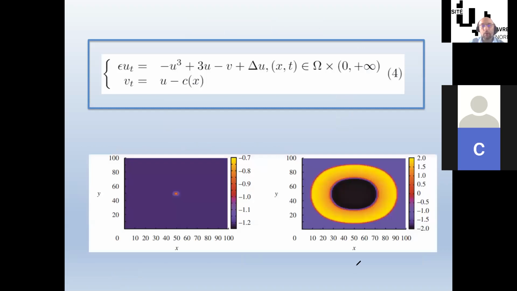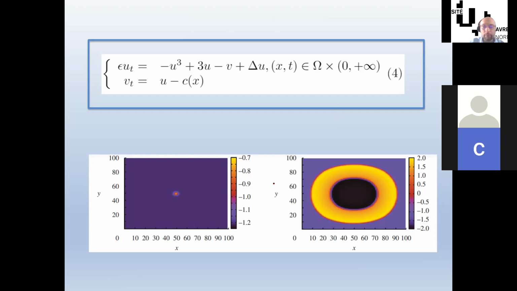And so depending on the value of C0, it might be that this will be a stationary solution, or if my C0 is close enough to the excitability threshold, I will have propagation of waves. But there are several parameters.